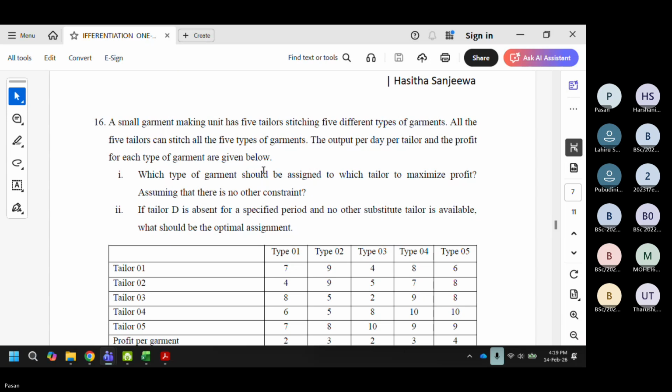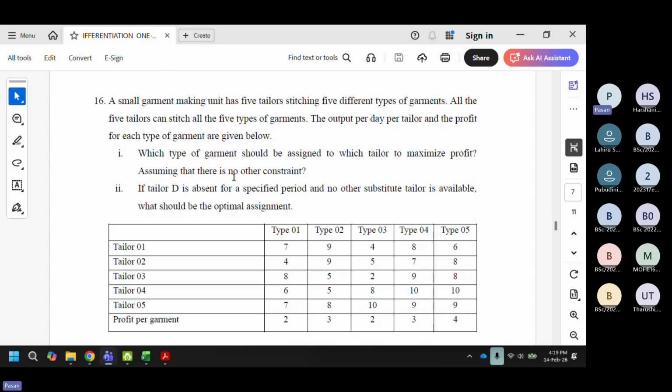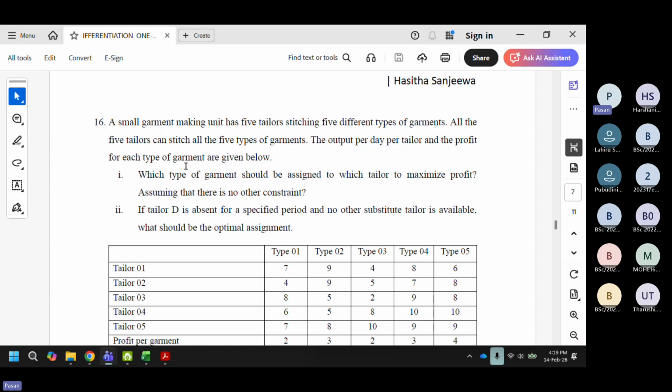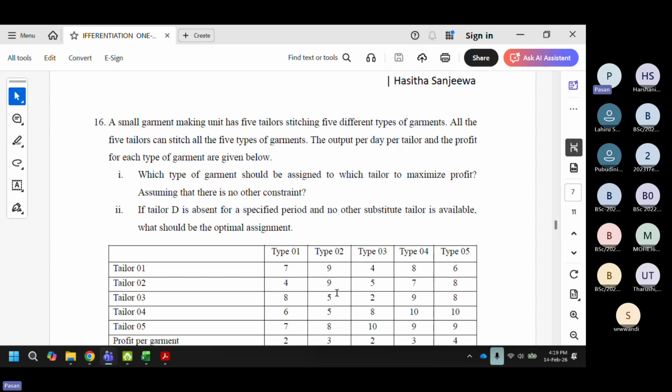Each one, right? Now they are giving us the profit here, right? But then in general, of course, when you think about different people making different garments, the amount of time they are taking is kind of variable, right? So each one will take different time, right?